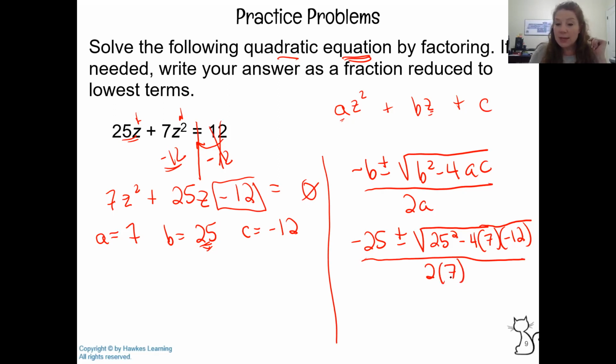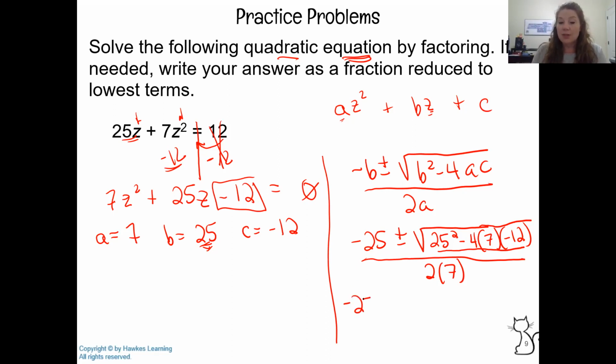Now, the way I put this in my calculator is I take what's under the radical only. So I start with this part, and I just plug that straight into my calculator. I plug in 25 squared minus 4 times 7 times -12. And my calculator tells me that is 961.